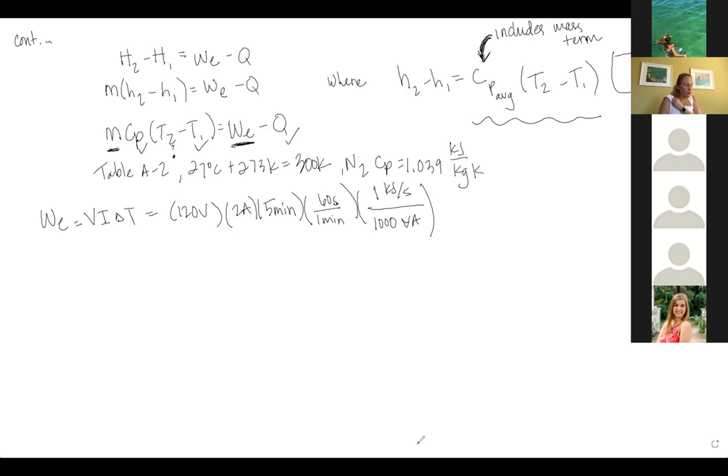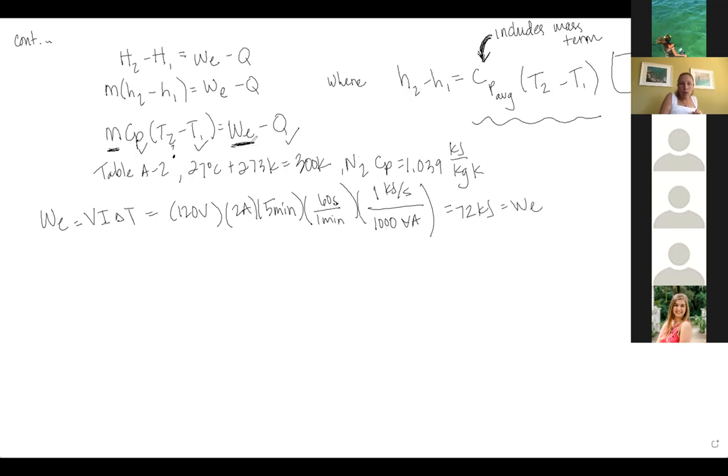So I don't expect you to know that conversion at all. I would either give that to you in the problem statement, or I would probably not give you a problem with electrical work because we don't really do a ton of electrical stuff in this class. All right, so when we solve this out, we get 72 kilojoules as our electrical work.